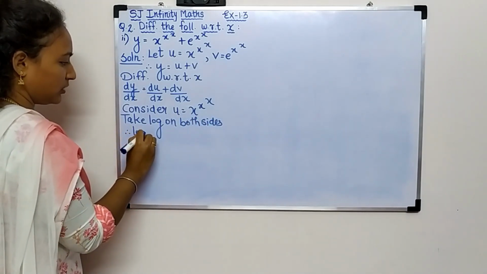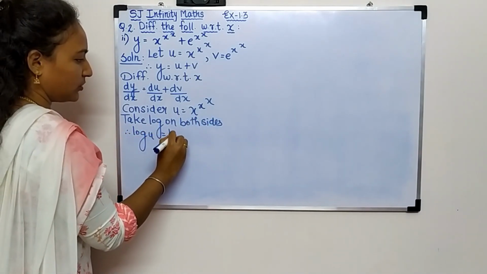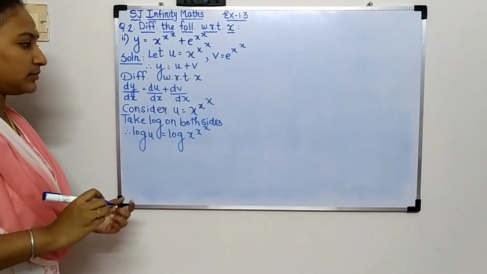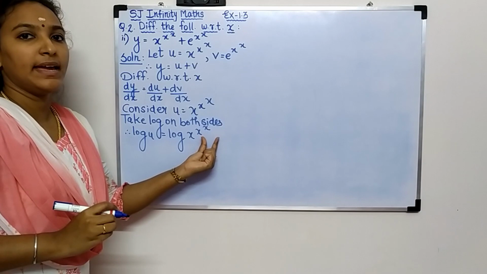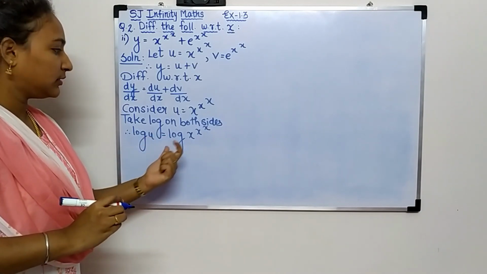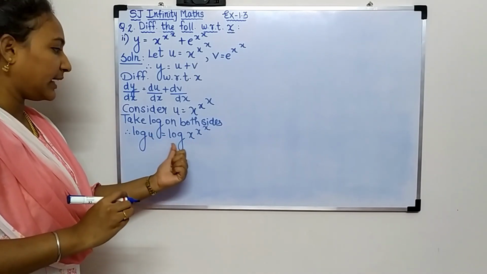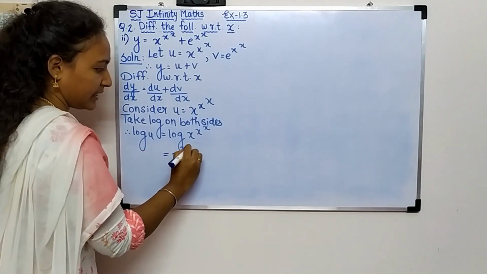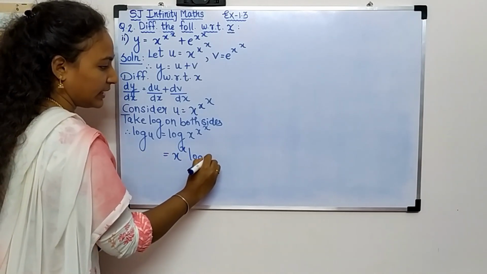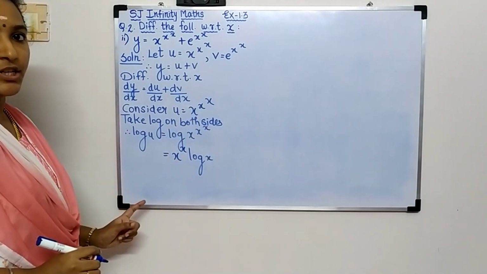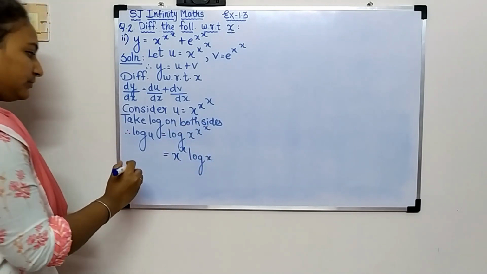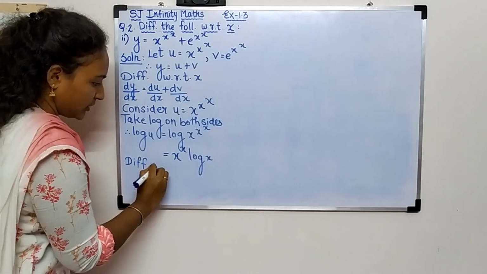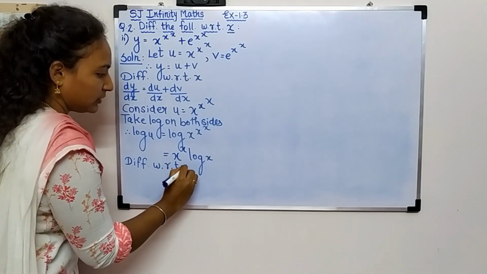Take log on both sides. Therefore, log u is equal to log of x raised to x raised to x. Using the power rule, we take x raised to x in front of log. So this is equal to x raised to x log x. Now we differentiate with respect to x.